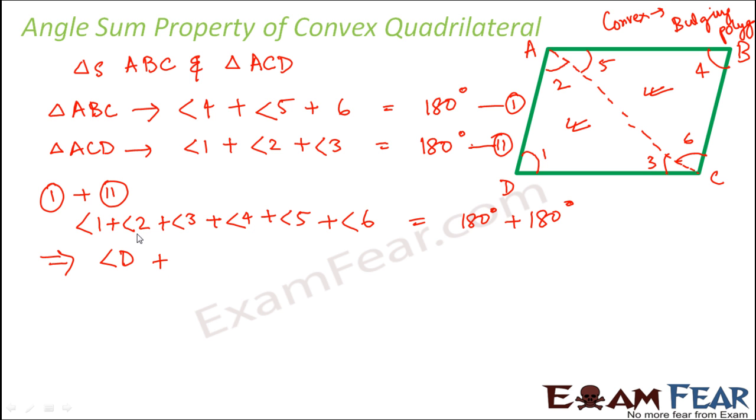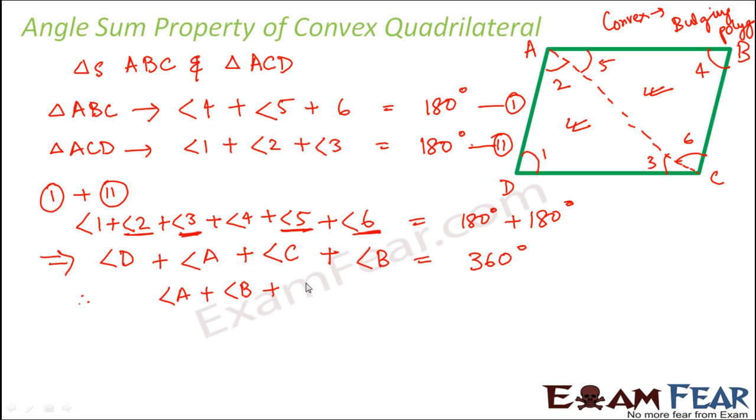Angle 2 plus angle 5 would be angle A. Similarly angle 3 plus angle 6 would be angle C. And angle 4 is nothing but angle B. And this is equal to 360 degrees. Therefore we can say that the sum of the interior angles in a quadrilateral is equal to 360 degrees.